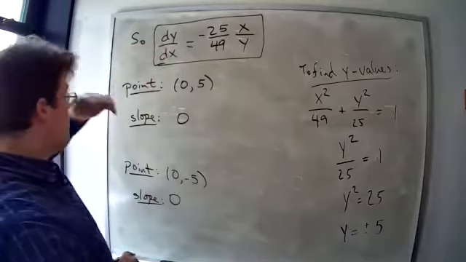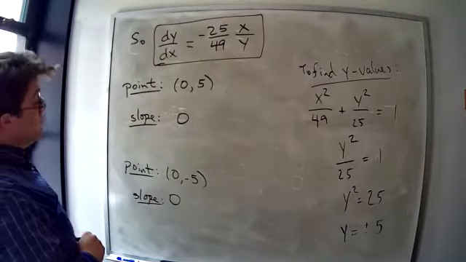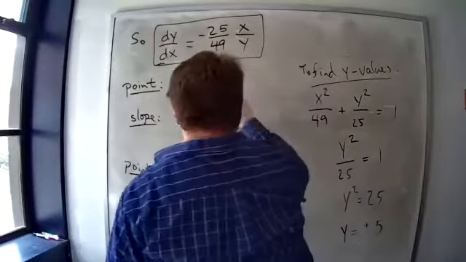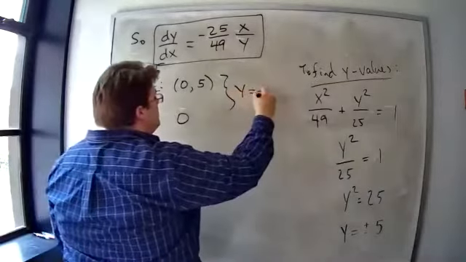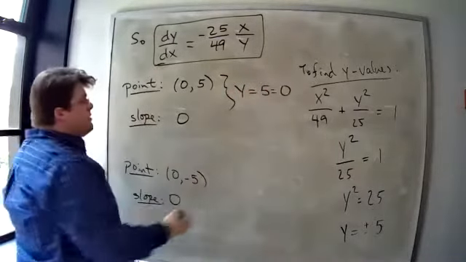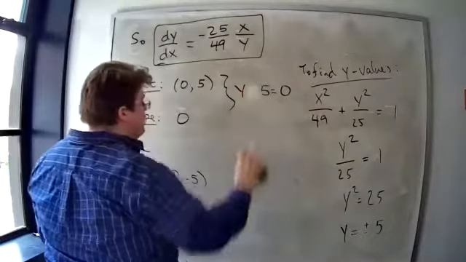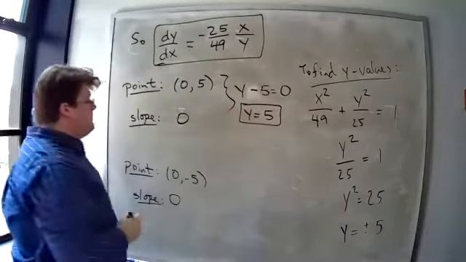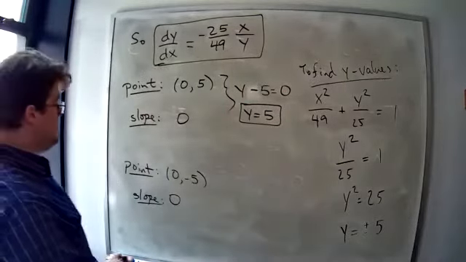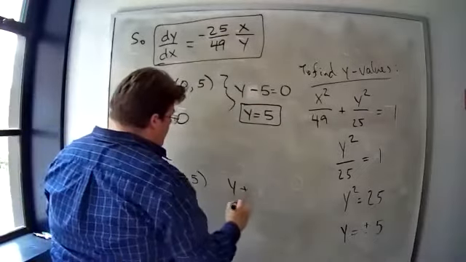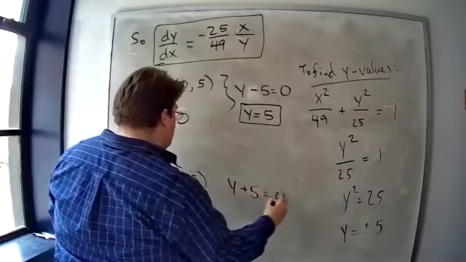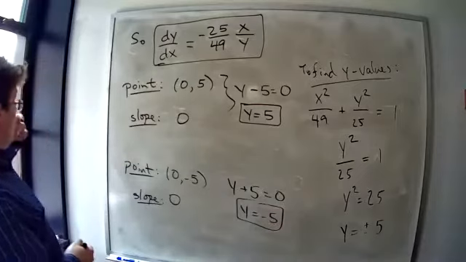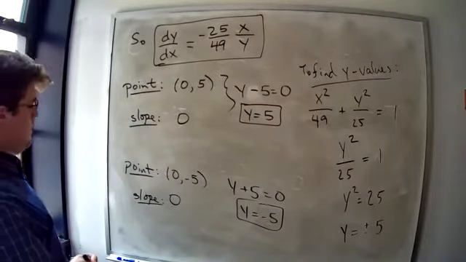Turning these into equations for lines: y minus 5 is 0 times x minus 0, so y minus 5 is 0. With one like that, I do like to solve for y, although you don't have to. This one, y minus negative 5 equals 0, so y equals negative 5.